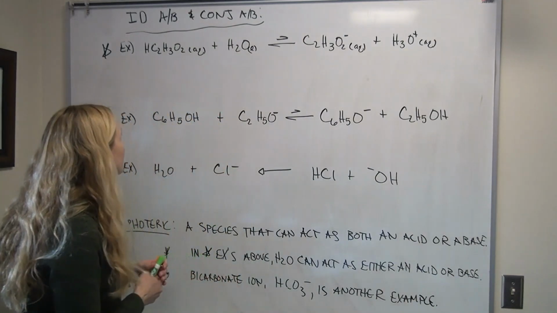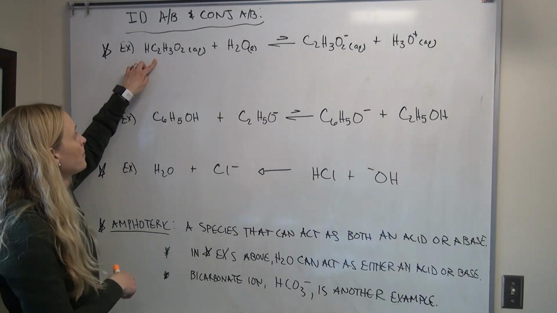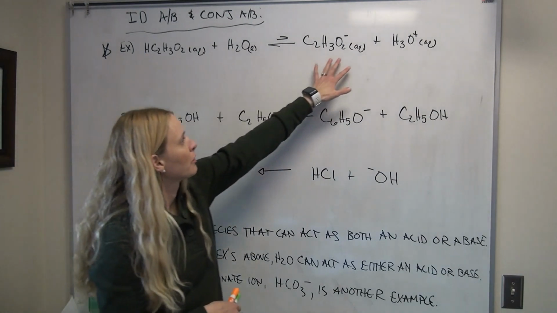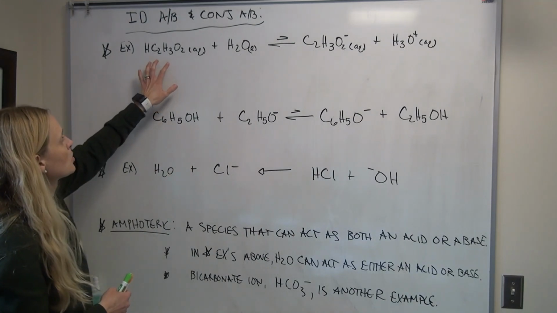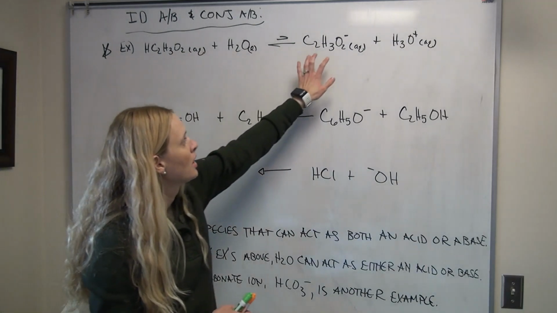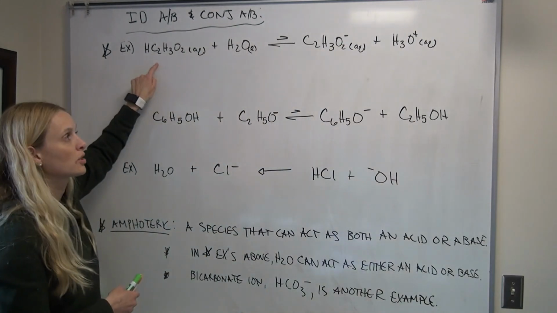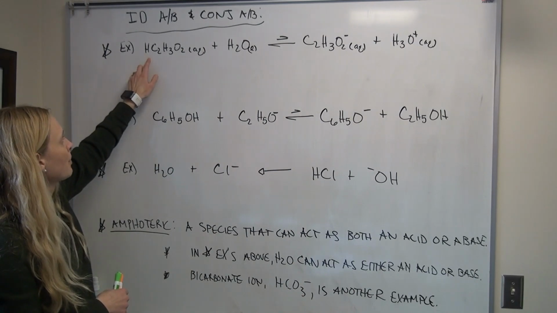All right, take a look at this first example. This is the acetic acid molecule that we looked at just recently. We have acetic acid with water, and we form some products over here. The first thing we want to do is compare this substance to the like substance over here. You can see it's just differing by a proton, so these are going to be conjugate acid-base pairs. What's happening?